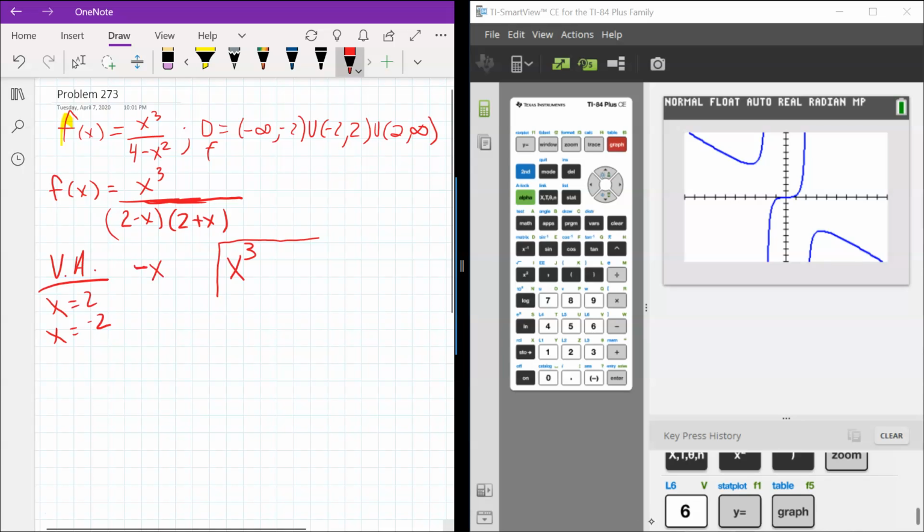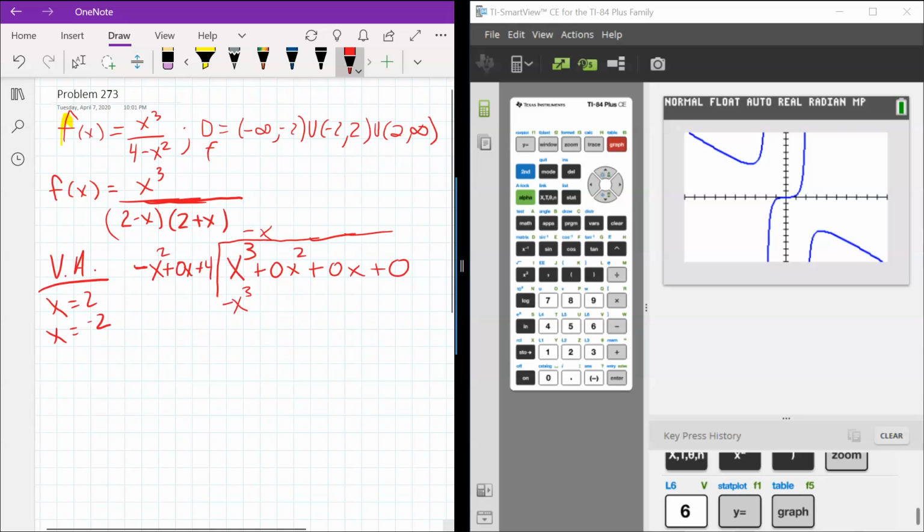Minus x squared plus 0x plus 4, and put plus 0x squared plus 0x plus 0. Negative x squared goes into x cubed minus x times. Minus x times minus x squared is minus x cubed.